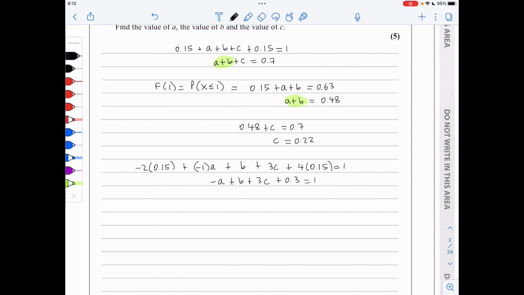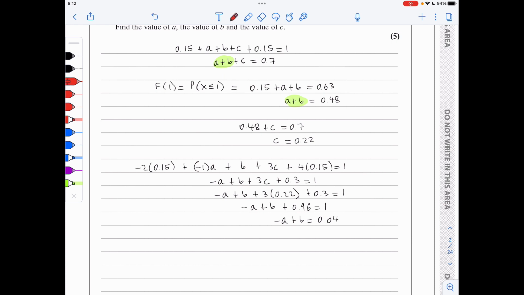We also know that c is 0.22, so minus a plus b plus 3 times 0.22 plus 0.3 is 1, and therefore minus a plus b plus 0.96 is 1, and therefore minus a plus b is 0.04.